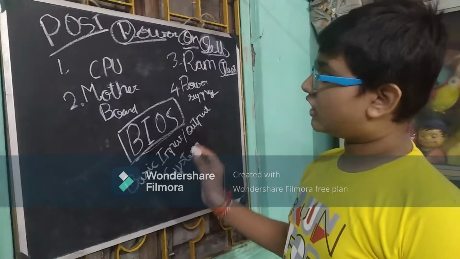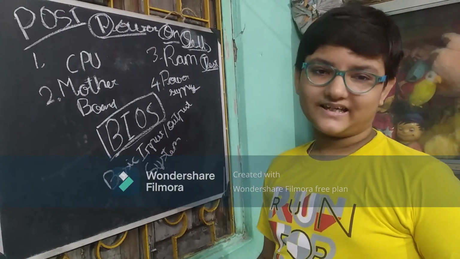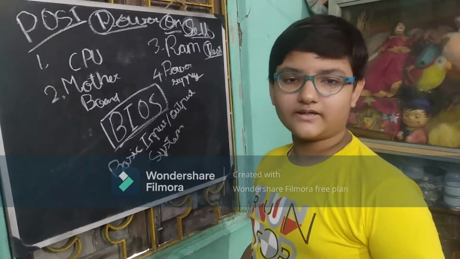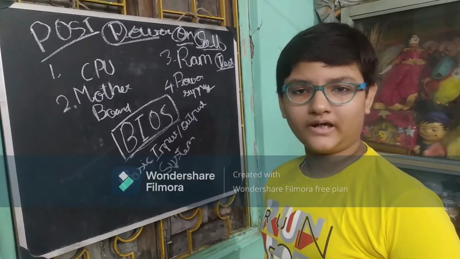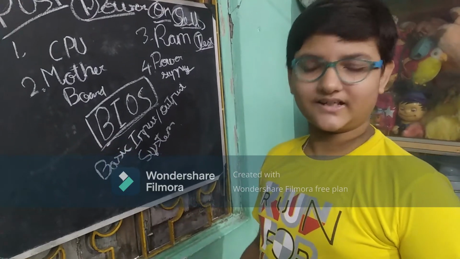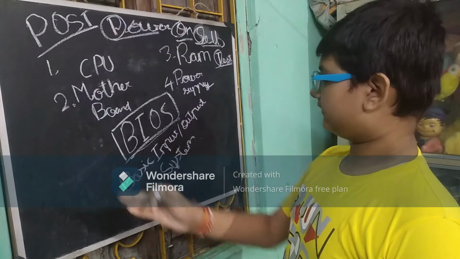And if something is not okay, it can show you that the keyboard is not okay, press F1 to continue, or that the keyboard is not attached, and so on. So this is the whole thing.